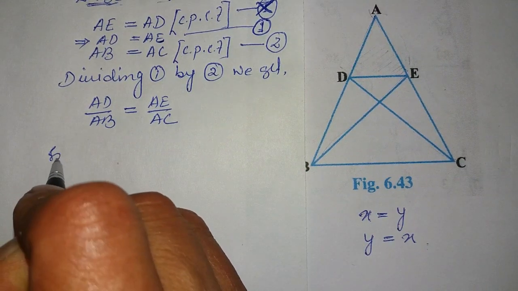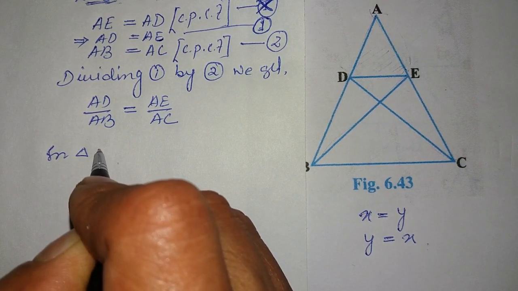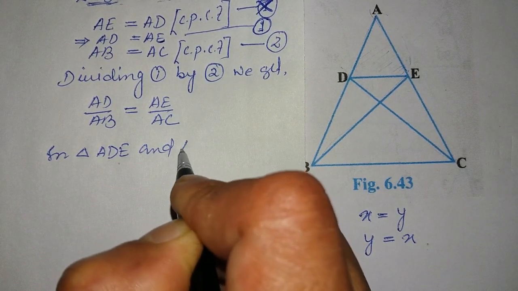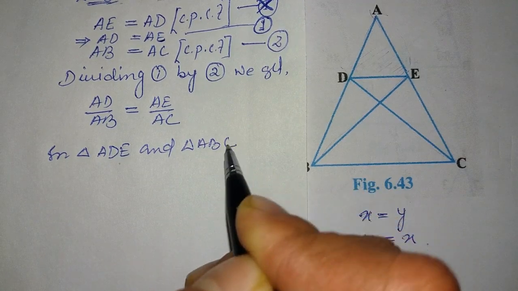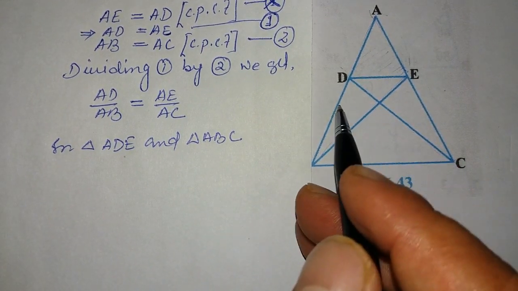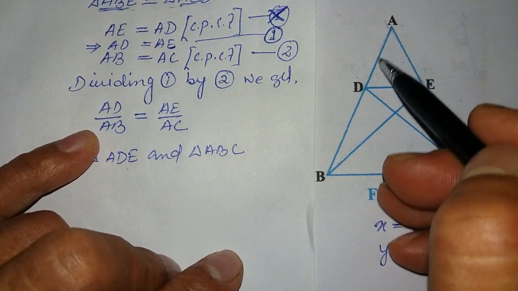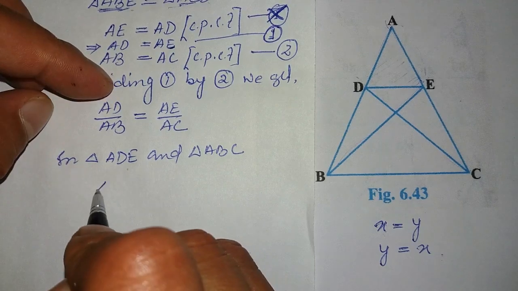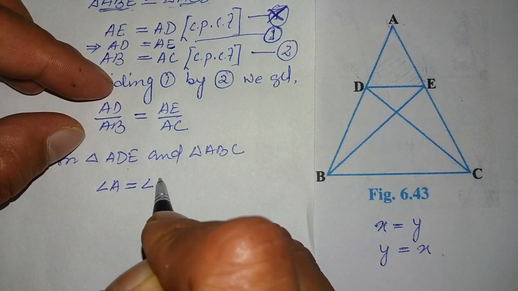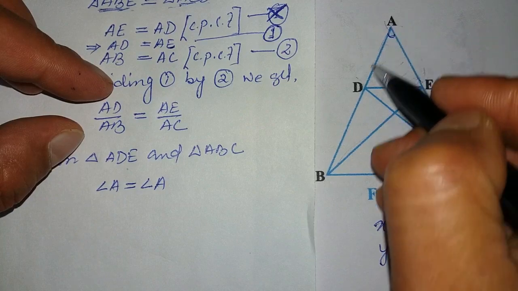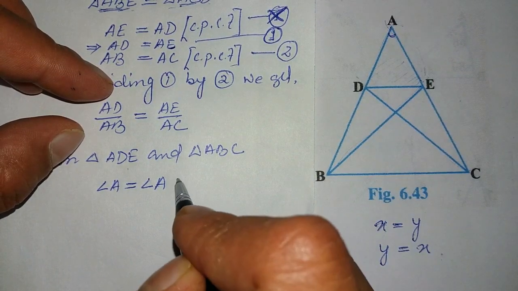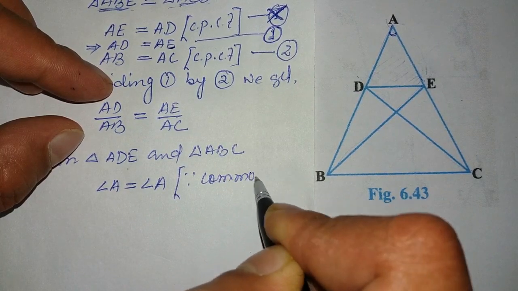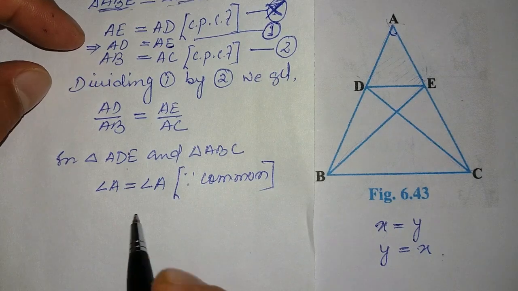Now in triangle ADE and triangle ABC, angle A of the small triangle is equal to angle A of the big triangle, because this is a common angle. This angle belongs to both triangles.